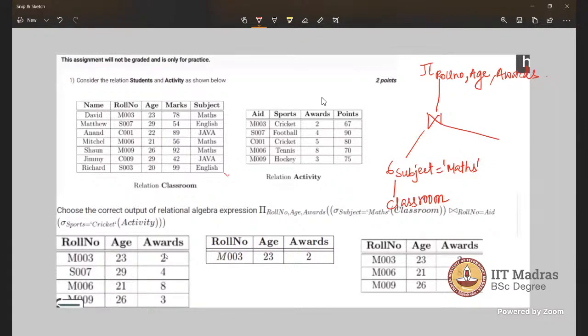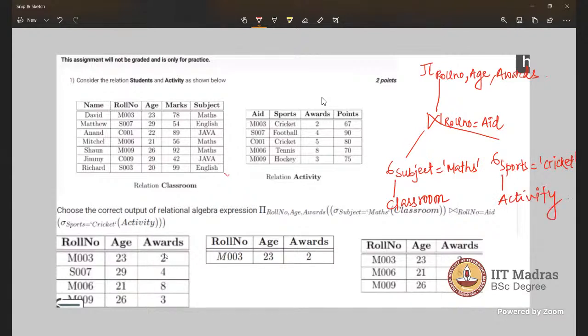And this one is theta join where roll number equals AID. Here sports equals cricket, and this is from the activity table.